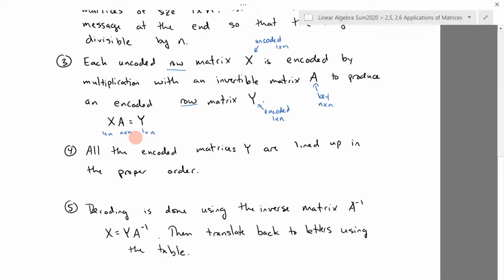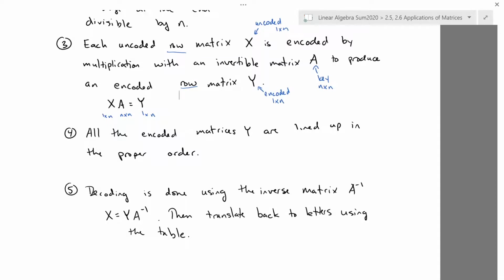Well, I just use the inverse matrix A. If we're starting with XA equals Y, then I multiply on the right by A inverse, because I want to cancel the A on the right.